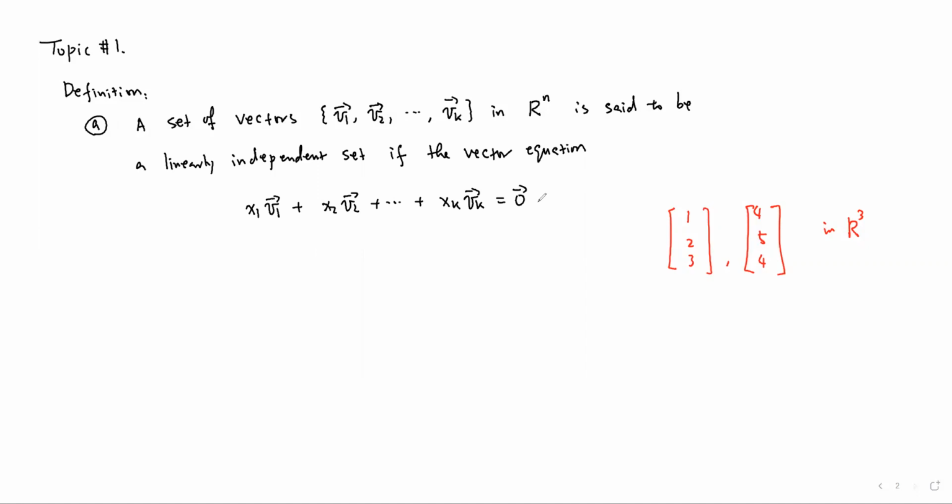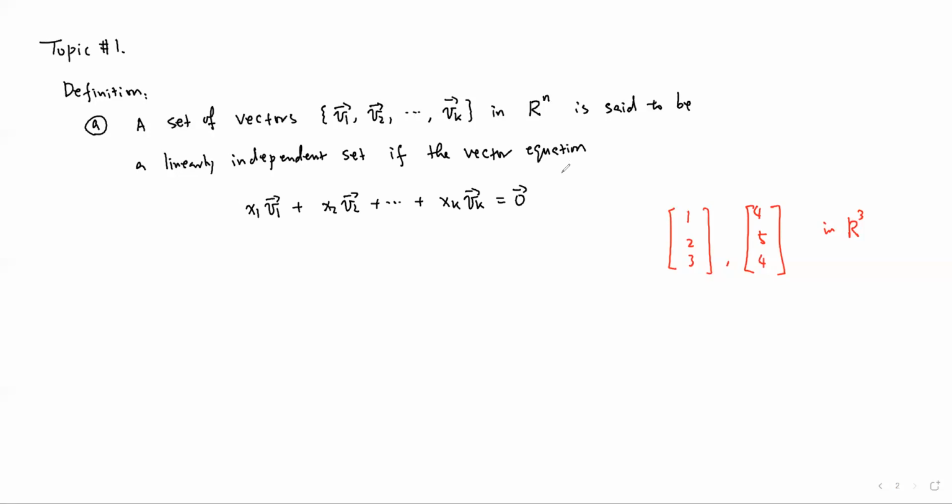This linear system is a homogeneous linear system. A homogeneous linear system always has at least one solution. The solution is 0, 0, 0, 0. We call it the trivial solution. A non-zero solution is a non-trivial solution. This vector equation always has at least one solution, the zero solution.